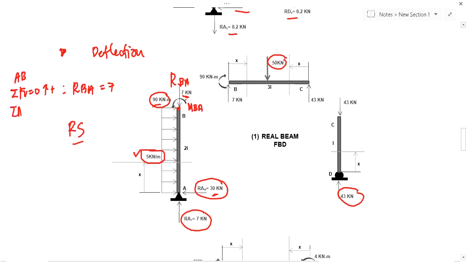And if we take our moment at B is equal to 0, we can solve for our moment BA, that is equal to 90 kilonewton meter. So magmo-moment kayo dito. Kaya meron tayong 90. And then, yung na-solve ninyo dito, that is the reaction BA and then moment BA.